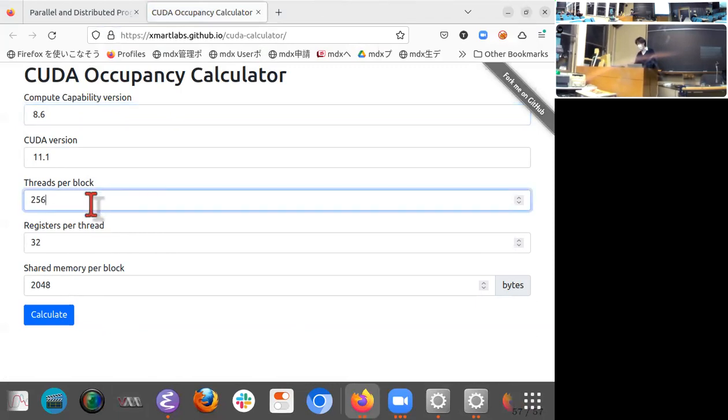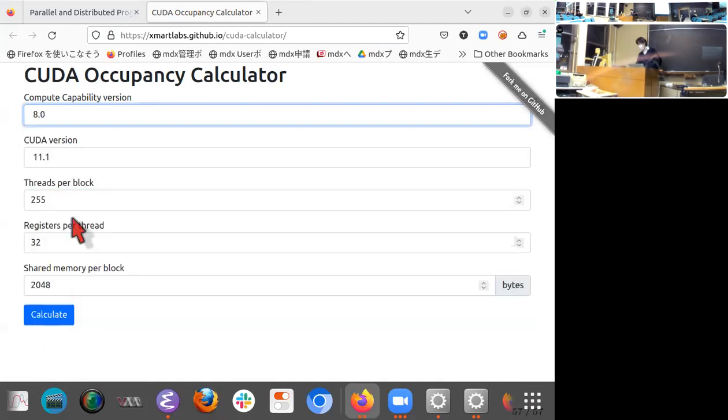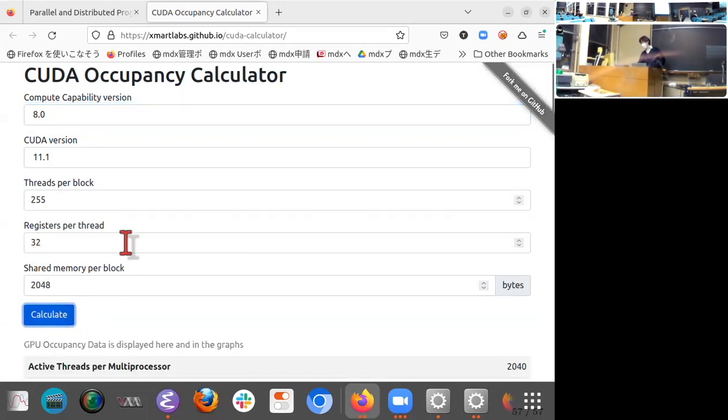For example, you specify the number of thread blocks, and you specify the model of the GPU. So 8.0 is the A100 you are playing with. And you also specify the registers per thread and shared memory per block. These are essentially the 3 parameters you as a programmer effectively specify to the GPU.